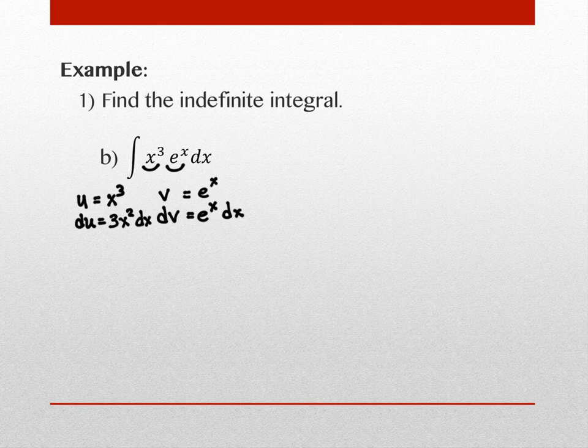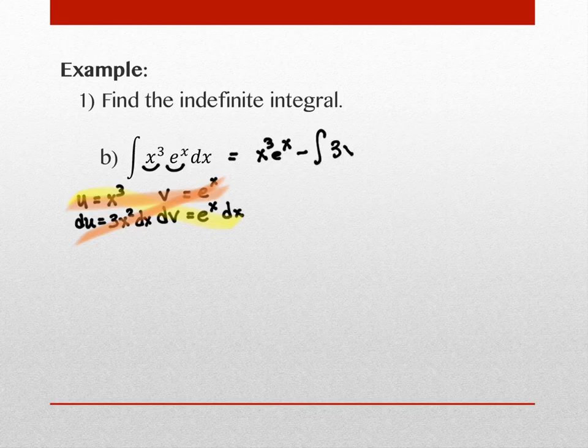I put things in along this diagonal, but when I put my solution down, the next step, I multiply the tops. So this will actually be x cubed e to the x minus the integral, and I use the other diagonal. So the other diagonal is now 3x squared e to the x dx.